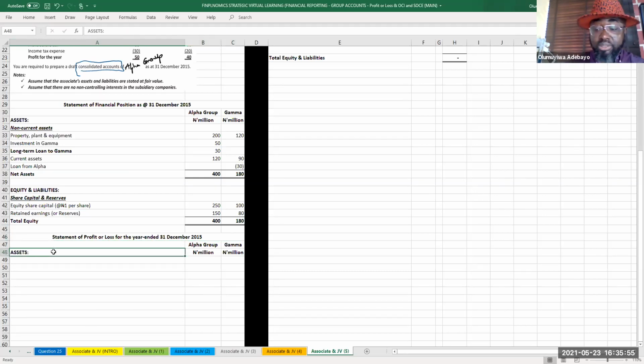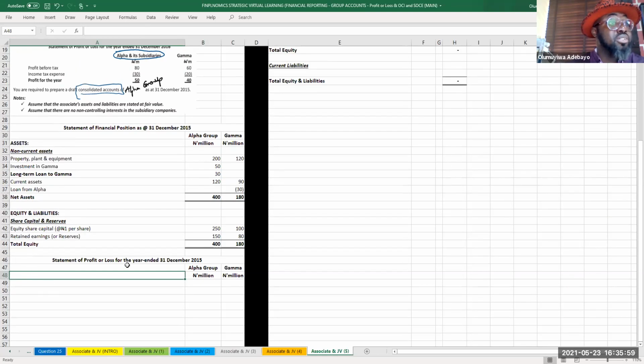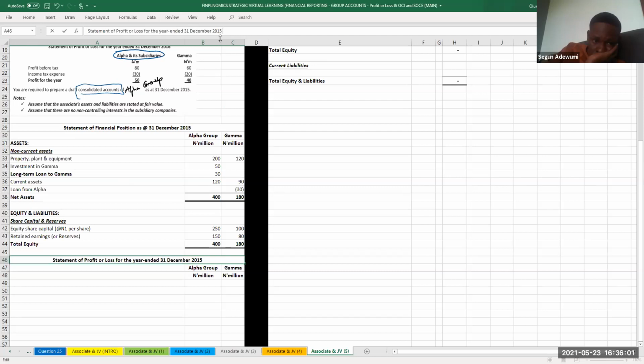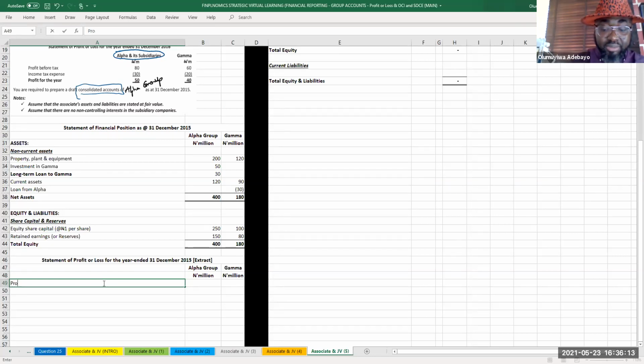Okay, for profit or loss, the information given to us is just an extract. It's not complete. Therefore, we'll pick the same information. Profit before tax.